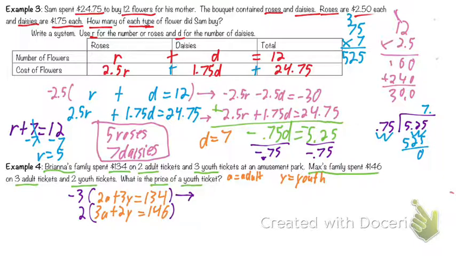So negative 3 times the first equation gives us negative 6a minus 9y equals negative 3 times 134, okay? That's going to be negative 402. Bottom equation is going to be 6a plus 4y is equal to 292, if I'm not mistaken.